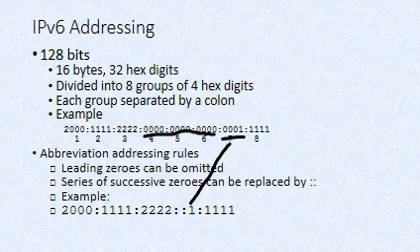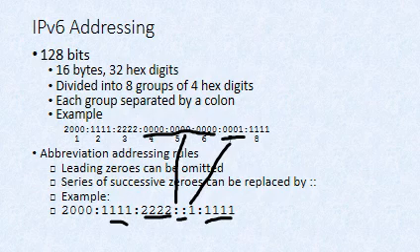Now there is a sequence of three consecutive zero words. We can omit them and replace this sequence of consecutive zeros by a double colon. So the same address can be written as 2000:1111:2222::1:1111, where the double colon represents a continuous sequence of zeros, 1 is shortened from 0001, and lastly 1111.